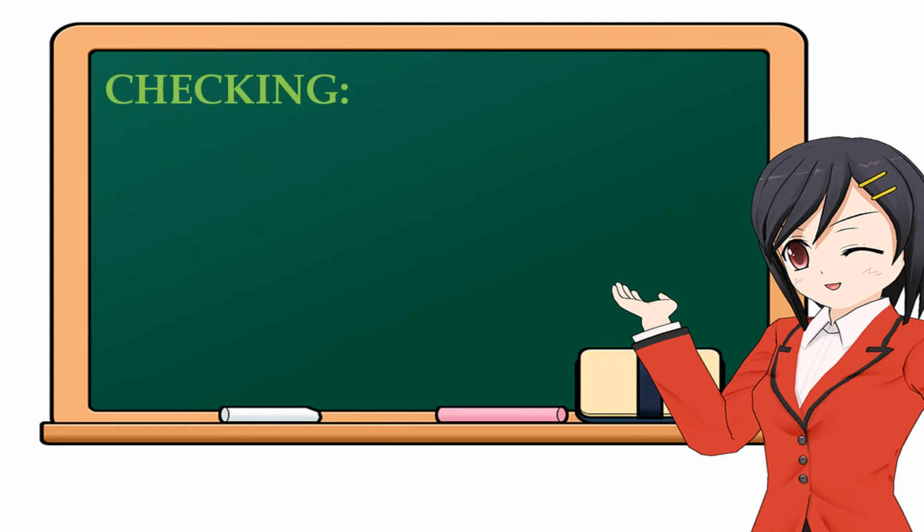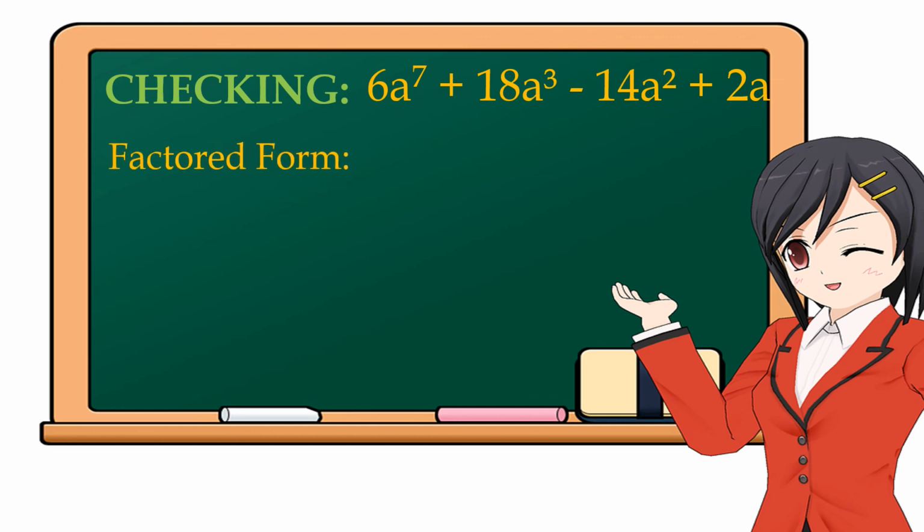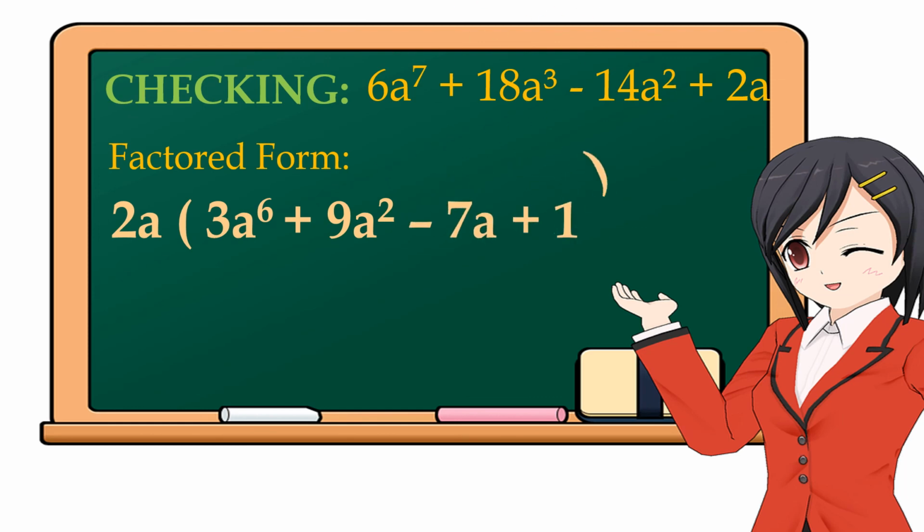For our checking, 6a raised to the 7 plus 18a cubed minus 14a squared plus 2a has a factored form of 2a times the quantity 3a raised to the 6 plus 9a squared minus 7a plus 1. So let's check if it is correct.